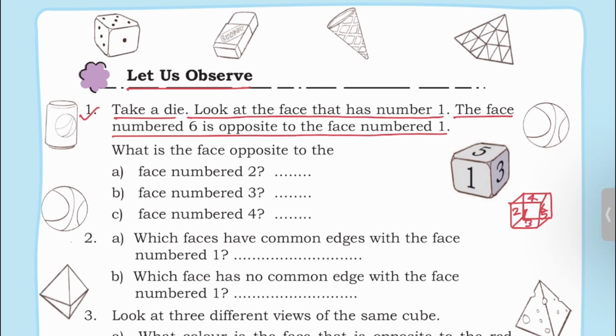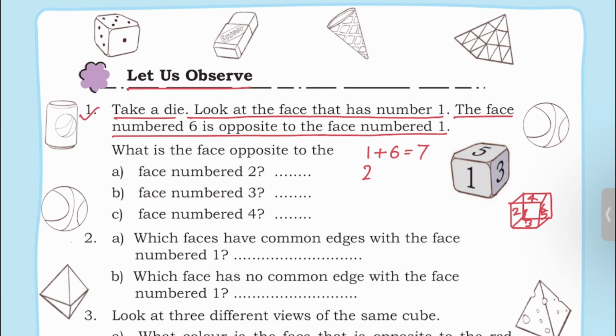That means if 1 is on the face, then face opposite to 1 will have 6, such that the sum of the digits on the opposite face is 7.